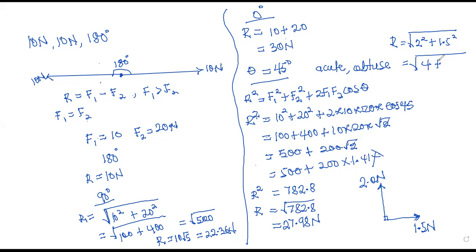So that's 9/4. Your final answer? 2.25. Therefore, when you sum this, you have 6.25. What's the square root of 6.25? 2.5. 2.5 Newton. Okay. So that's it.